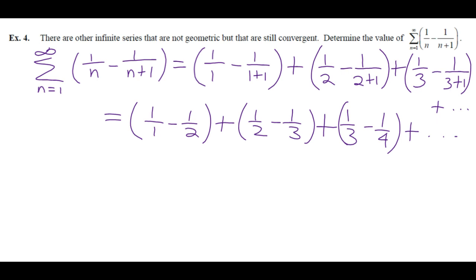All right. What's going to happen when we remove the brackets? Those cancel. And so on, right? So what's it going to equal? Ultimately, it's going to equal 1, right?